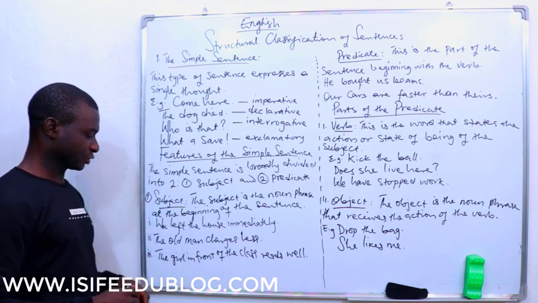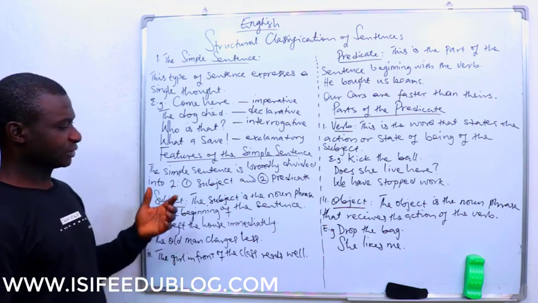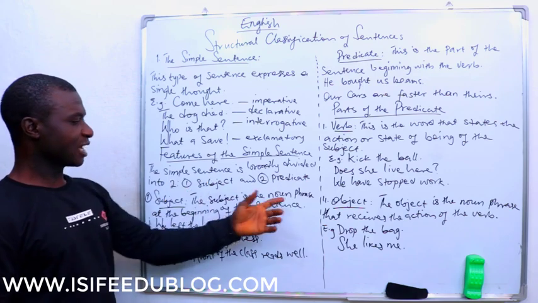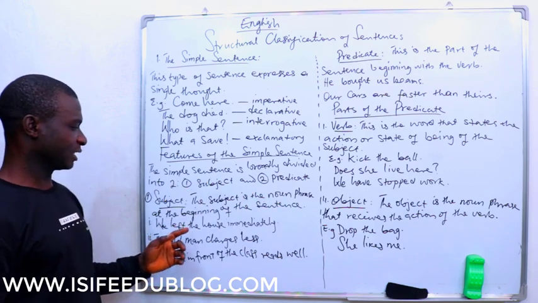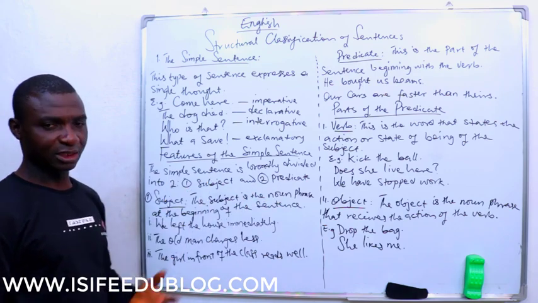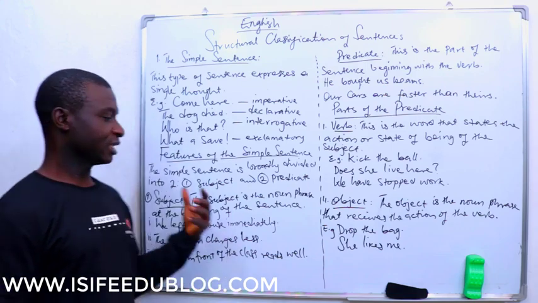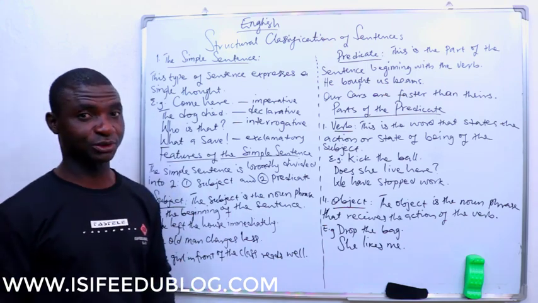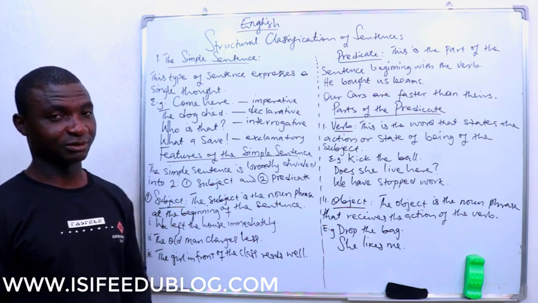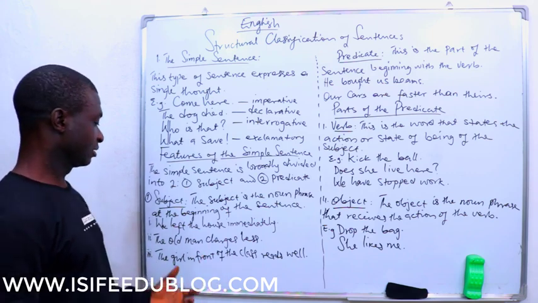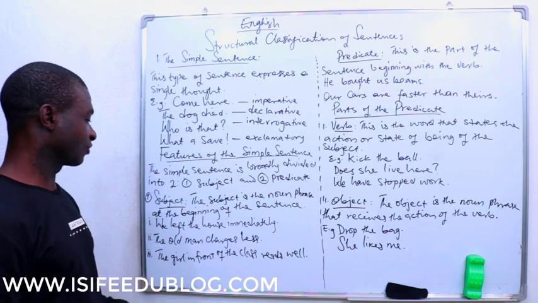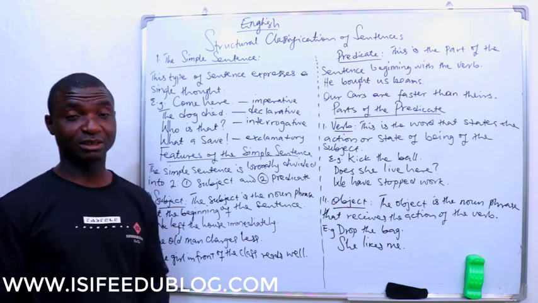Now, the subject is the noun phrase at the beginning of the sentence. Now take note of this. I didn't say the subject is the performer of the action. I didn't say so. I said it is the noun phrase at the beginning of the sentence.